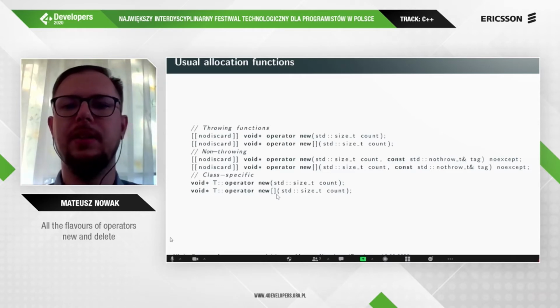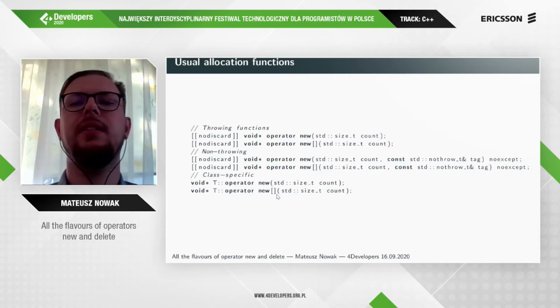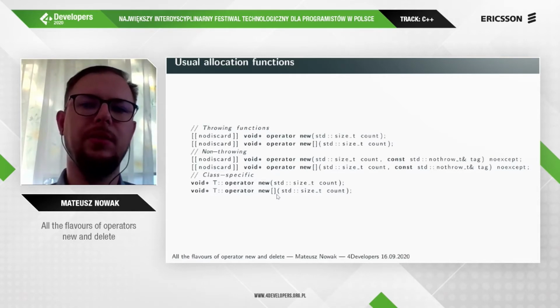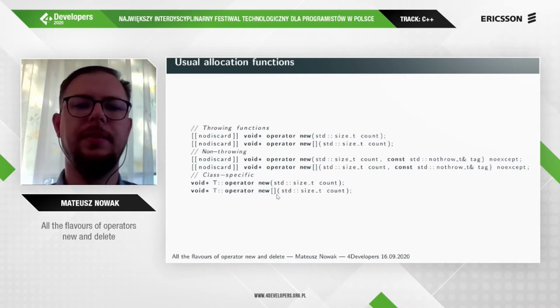In C++, the new statement does most of the time two things. The first is calling operator new, and the other is calling the constructor, not necessarily the default constructor, depending on the call. I will talk about this later. It does this for the object that is being created, or the array of objects.